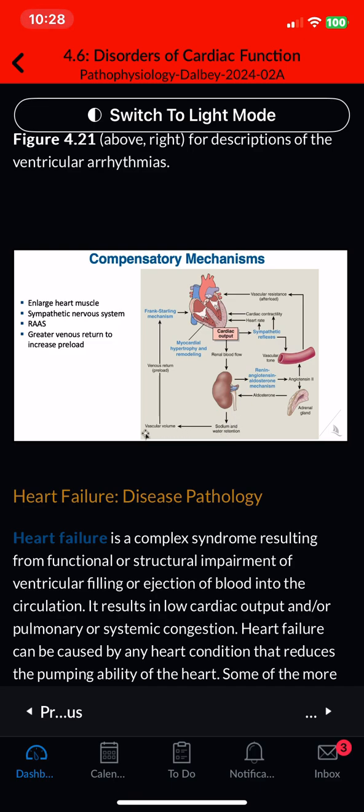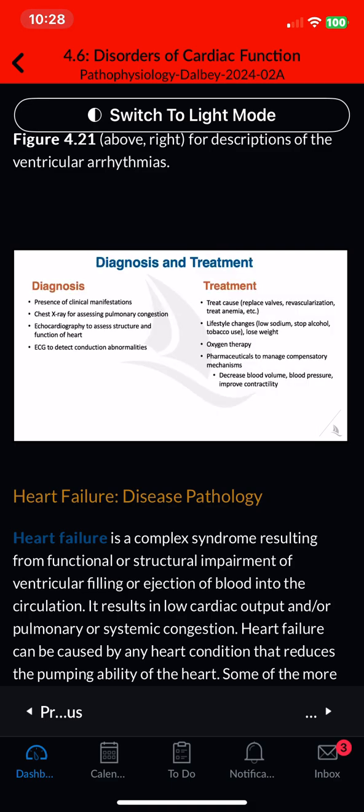And so what that does is it gives a greater blood volume, so we have more venous return and hopefully a greater preload, and then that is going to hopefully help the heart to contract stronger or more forcefully to increase the cardiac output.